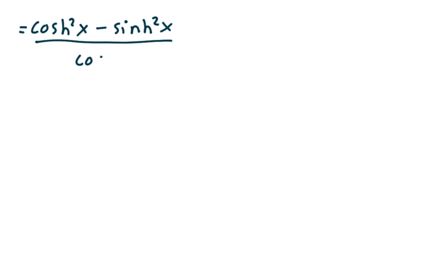So this is cosh squared x minus sinh squared x divided by cosh squared x.